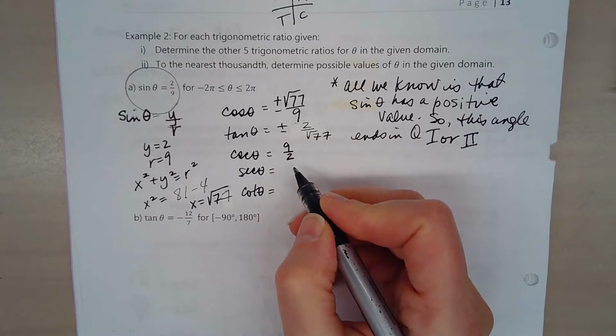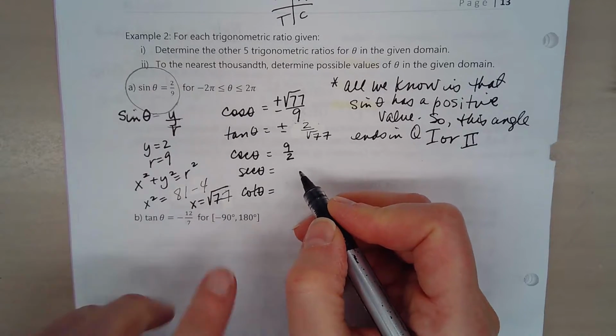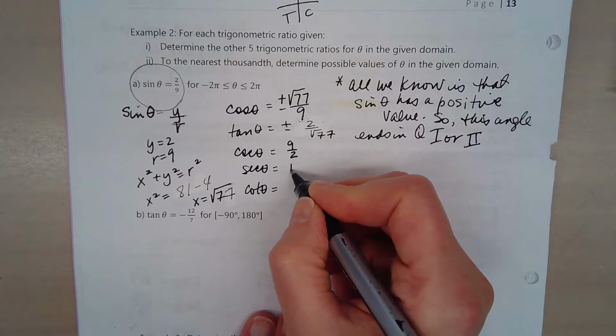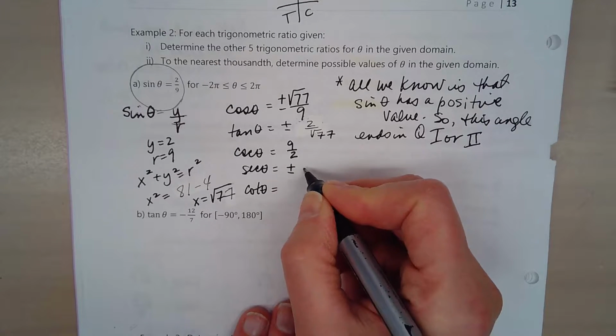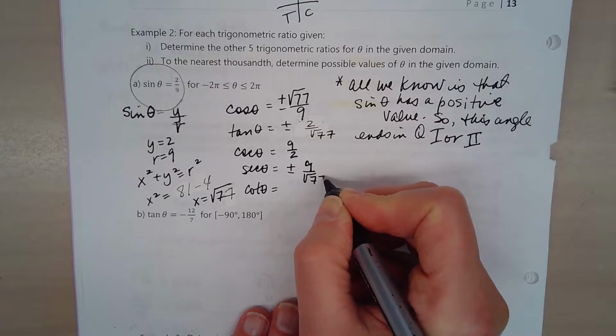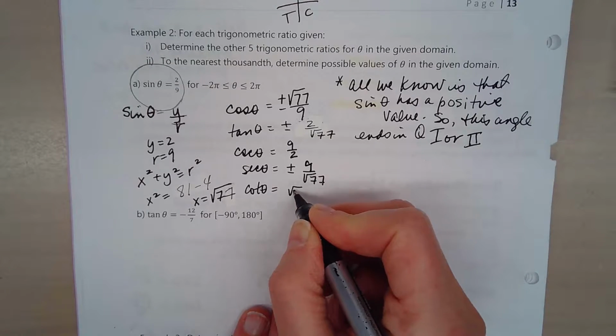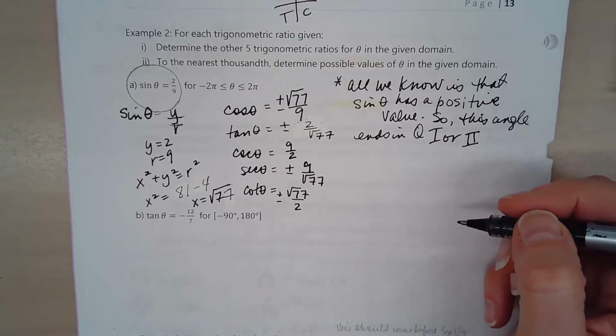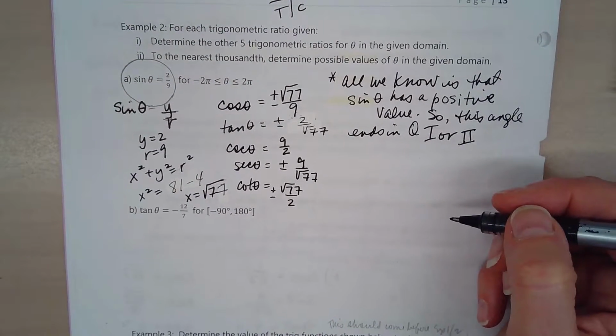And cosecant's the only one we know that's positive for sure, because it's the reciprocal of sine. If sine's positive, so is cosecant. Secant could be positive or negative, 9 over root 77. And cotan is root 77 over 2, and it could be positive or negative, because they didn't tell me what quadrant. Right?